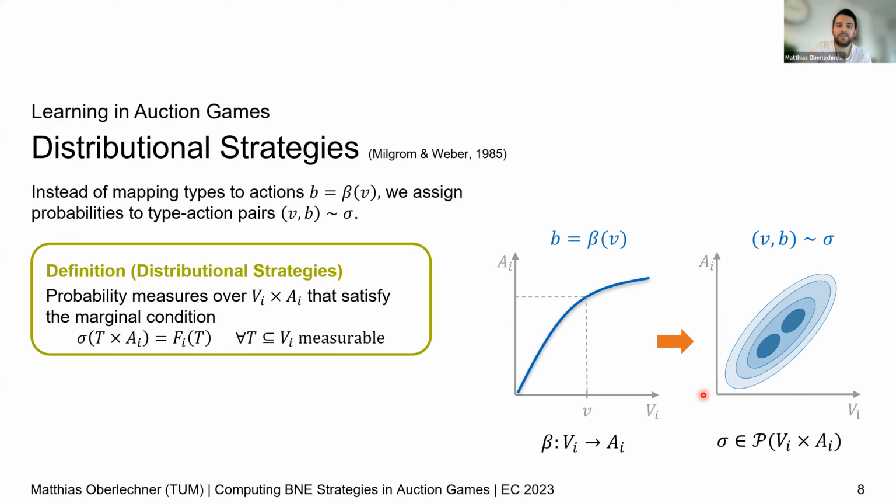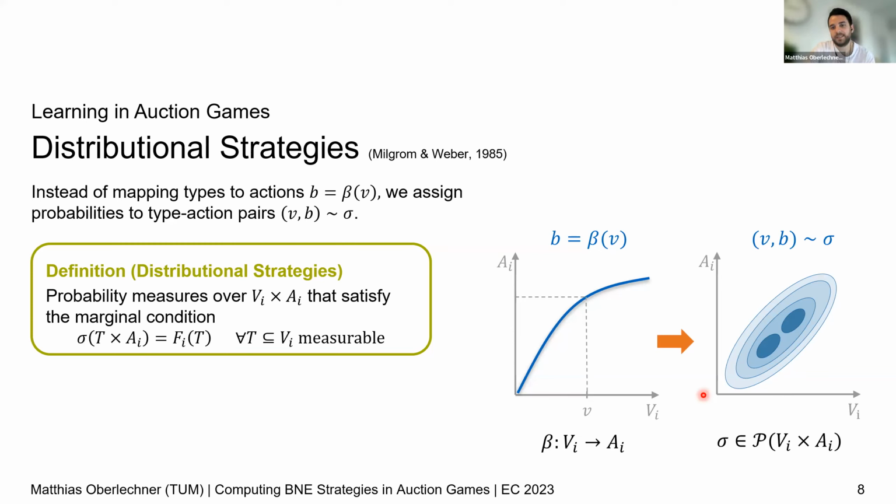And it has to satisfy some marginal condition, which simply ensures that the probability distribution over the valuations is consistent with the prior probability distribution given by the incomplete information game.